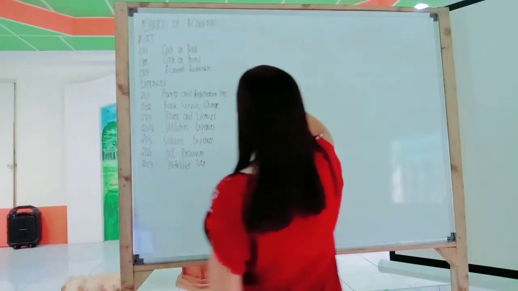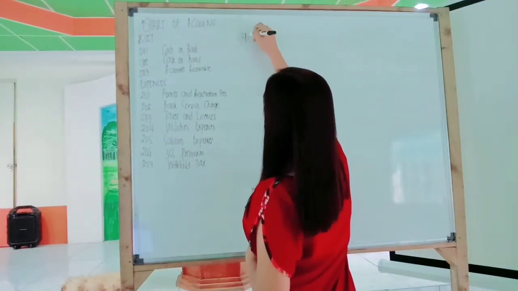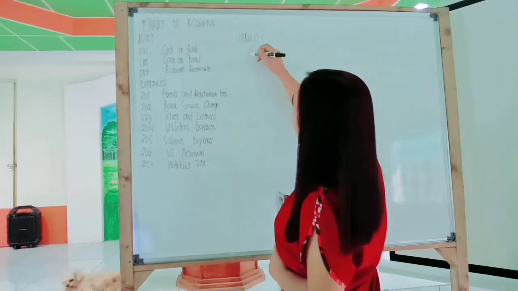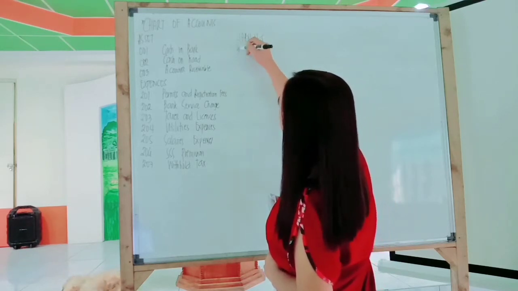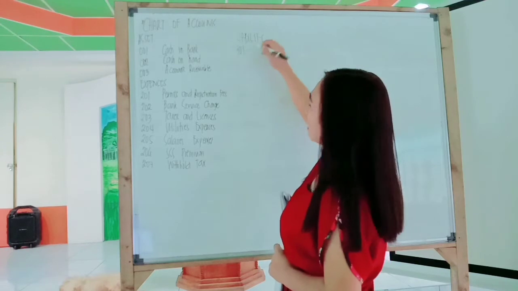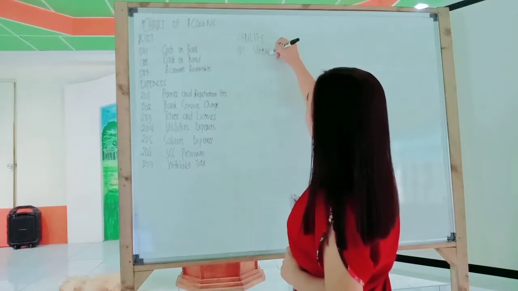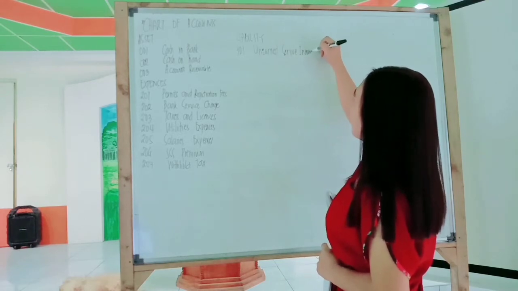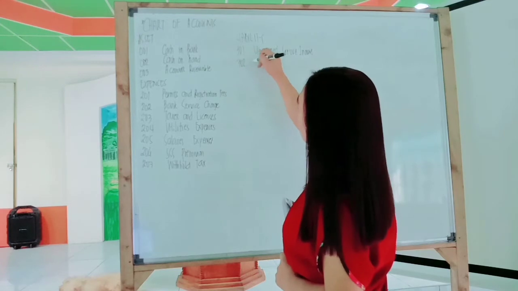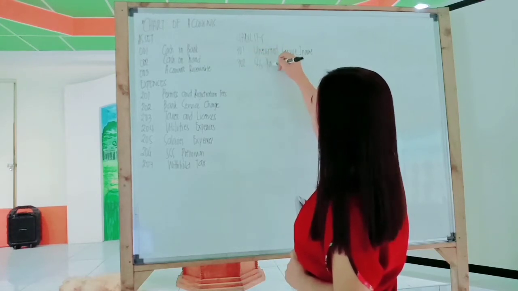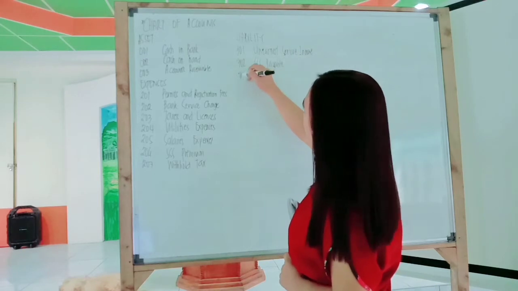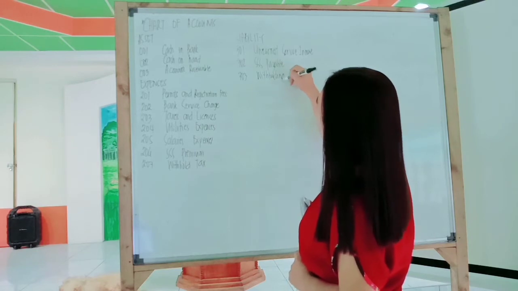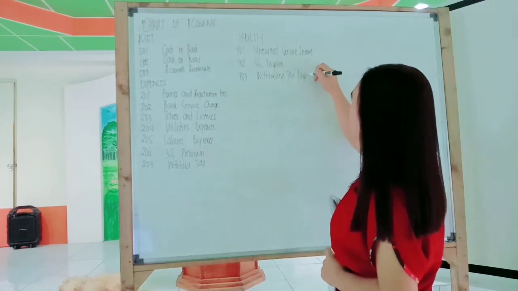And then, for our liability, we have number na lang natin siya ng 301. So, ilalagay natin 301, unearned service income. And then, 302, SSS payable. 303, withholding tax payable.